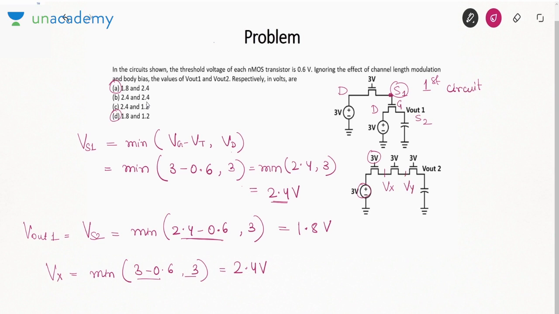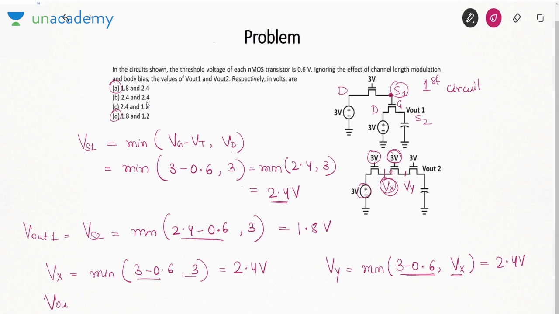What about Vy? Now this Vx acts as the drain voltage for the second transistor. So Vy will be the minimum of gate minus threshold, gate is at 3 volt minus threshold, and the drain is at Vx. This is 2.4, this is also 2.4. So minimum value is 2.4.